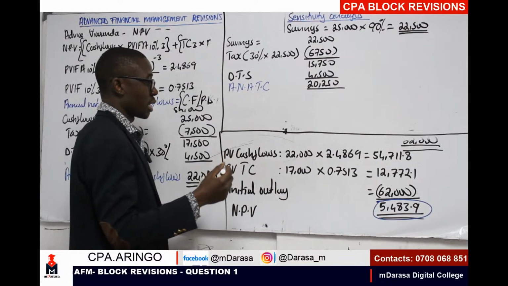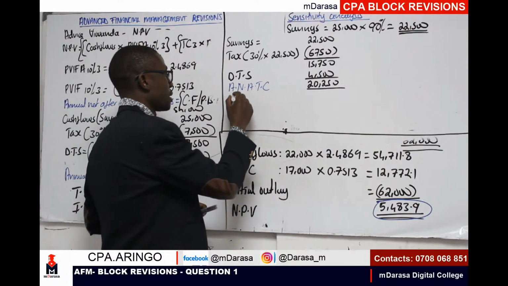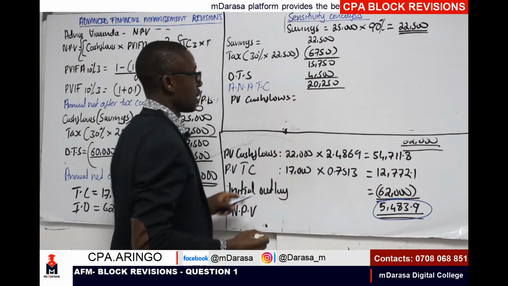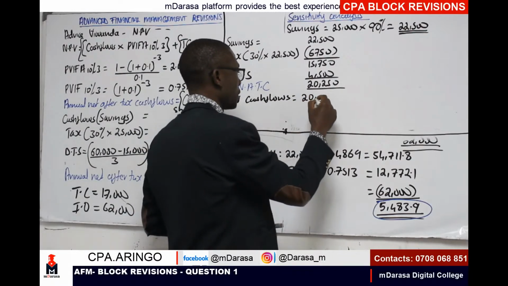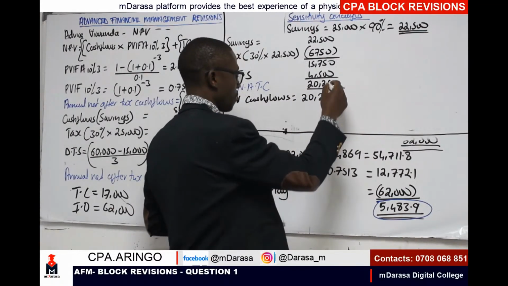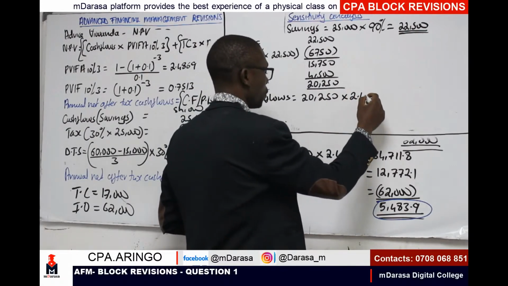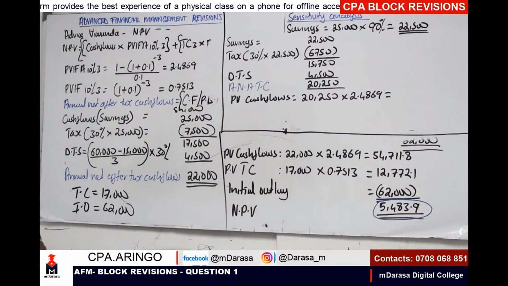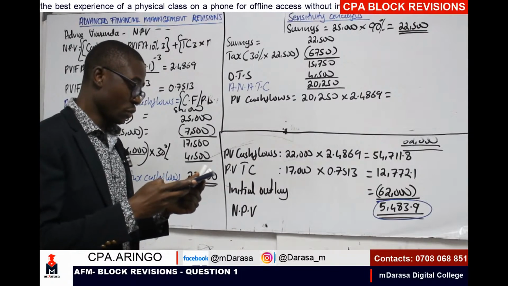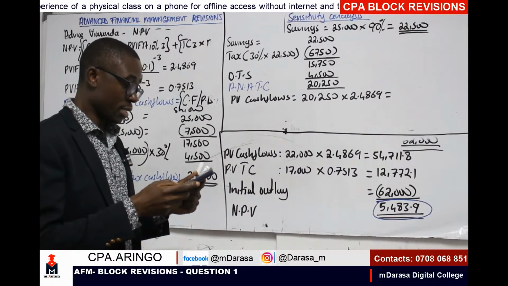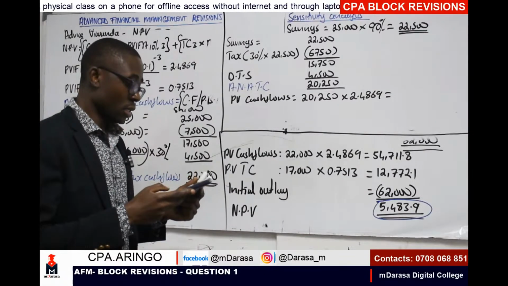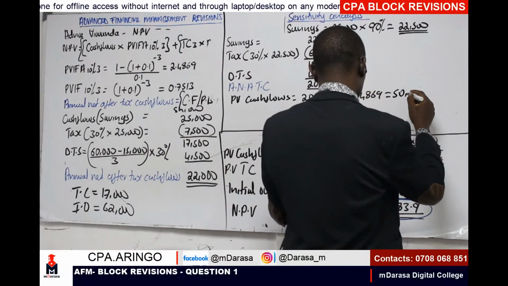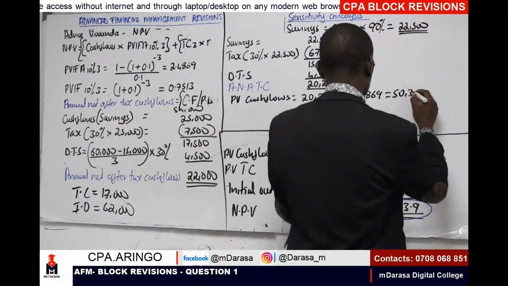My present value of my cash flows this time round, I should be having 20,250 times 2.4869, which will give us a value of how much? 20,250 times 2.4869 present value interest factor. I'm having 50,360.